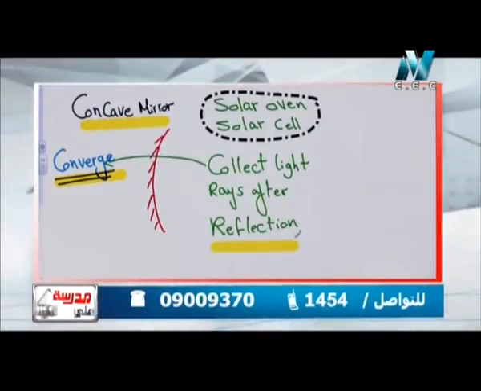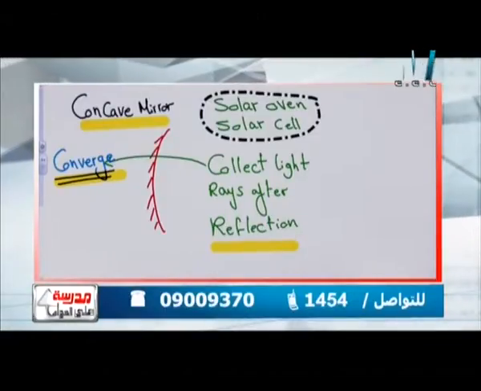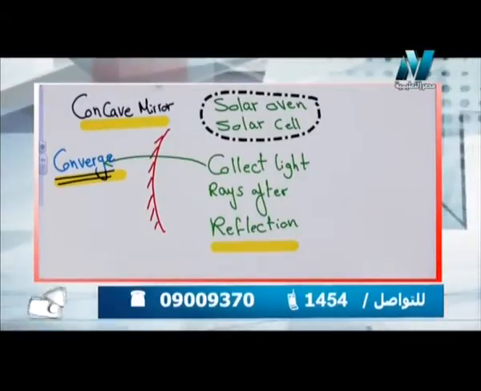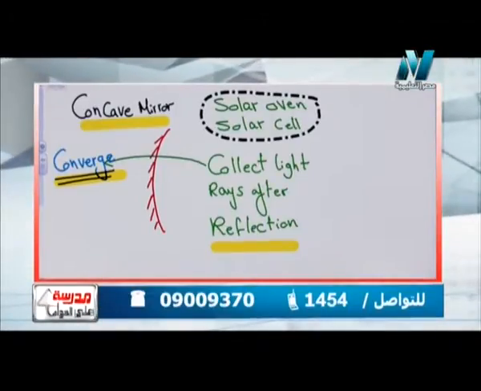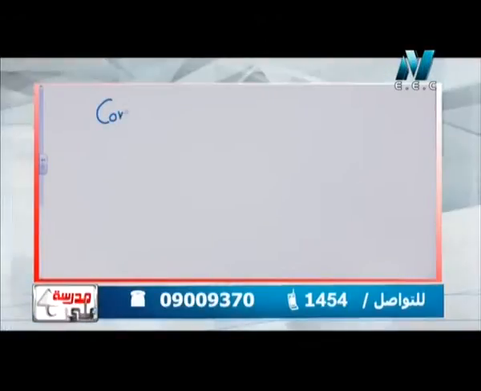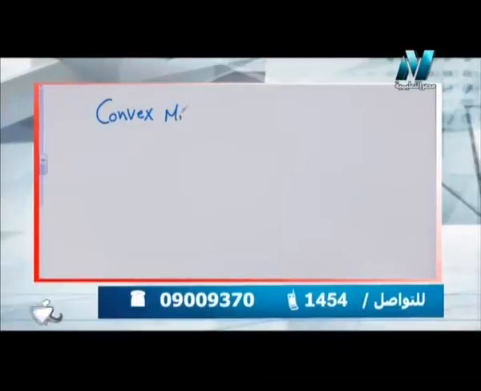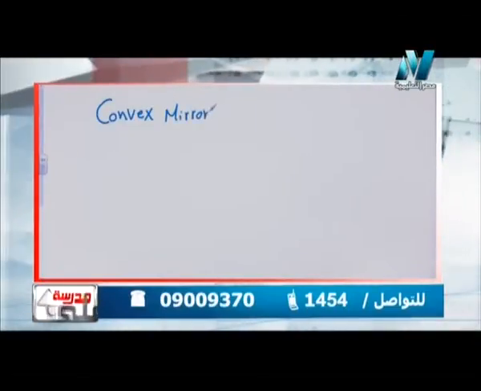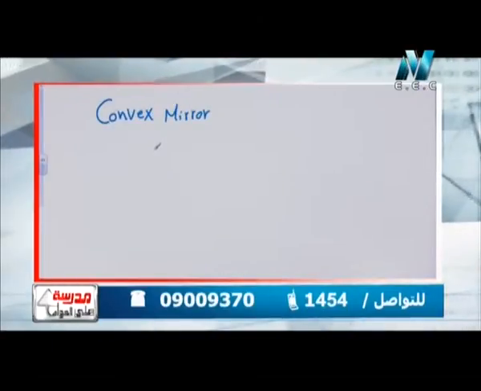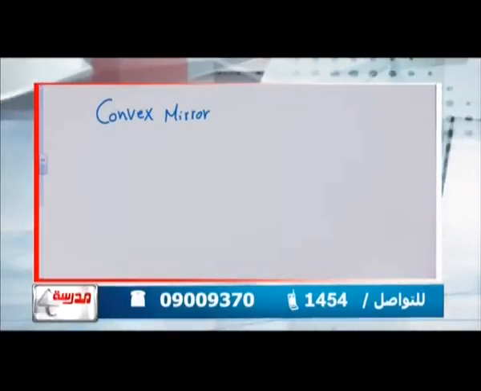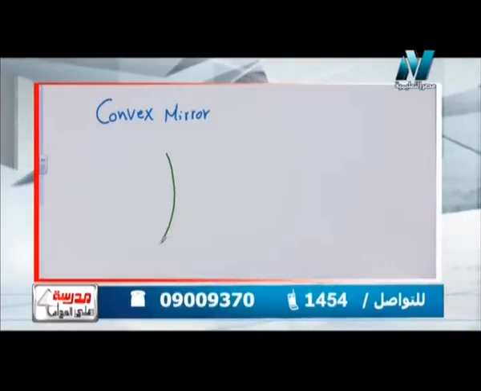At the same time, we have another type of mirror, and it has some uses. If we talk about the convex mirror, نستخدم convex mirror here. So we talk about the outer surface of the sphere as the reflecting surface.